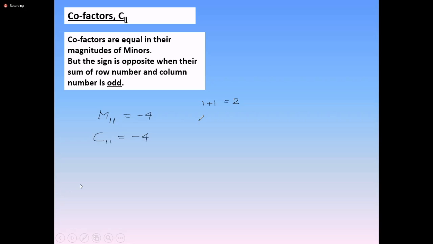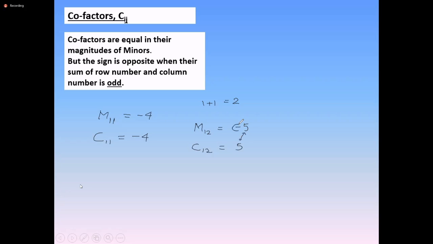Let's say M12. For example, M12 is minus 5. Then C12 is taken as plus 5. The magnitude is the same, here 5, here also 5.